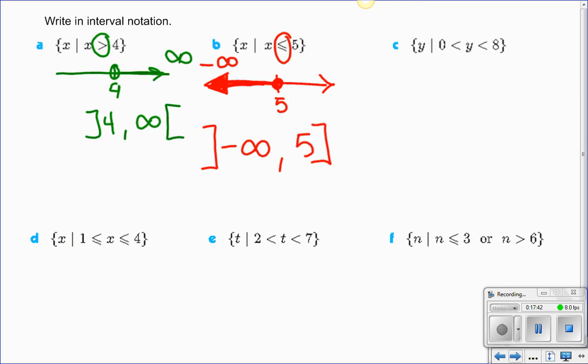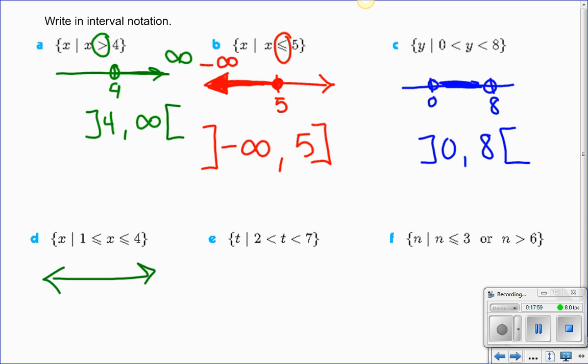Okay, 0 and 8. So not including 0, not including 8, but between the two. So not including 0, not including 8, because there's no equal signs. Okay, between 1 and 4 and including both.